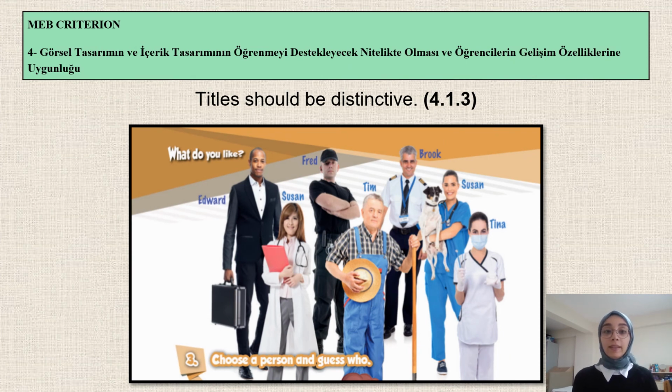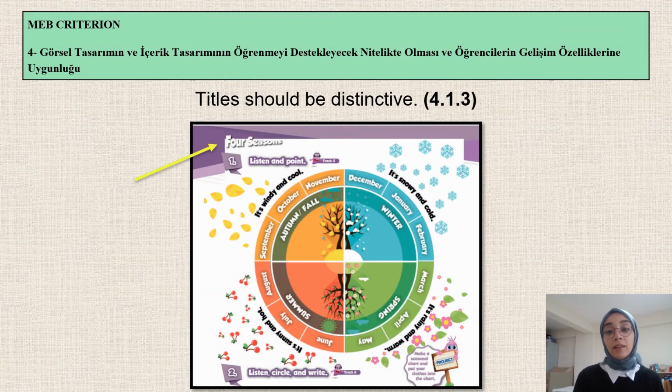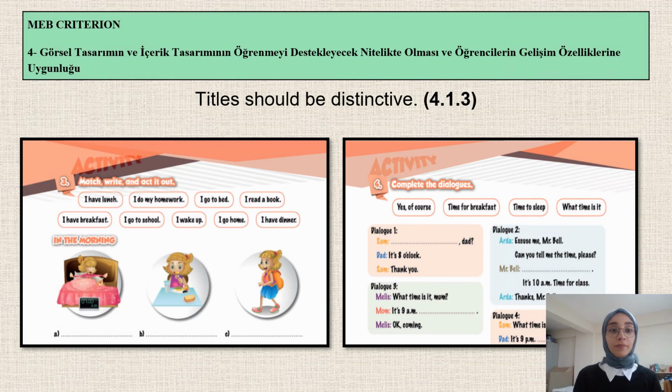And lastly, let's look at the titles. They should be distinctive, but please look at this one. It is nearly the same size as the normal words. Here again, the title can hardly be seen.